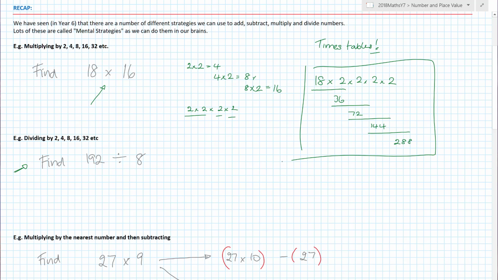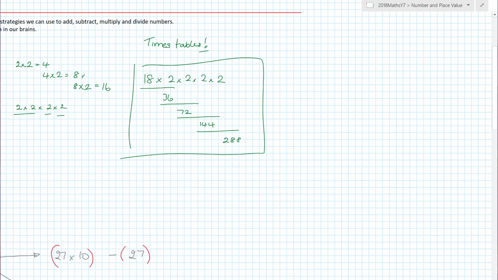Yes, so the same principle will be used with, for example, if I needed to do 12 times 32. I know that 32 is the same as 2 times 2 times 2 times 2 times 2. Just check. 2 times 2 is 4, 8, 16, and 32.